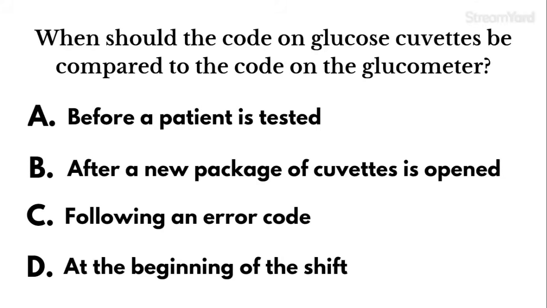Before a patient is tested, after a new package of cuvettes is open, following an error code, or at the beginning of the shift? I'll wait a moment, give you all a chance to think about it. I'll put your answer in the chat box.